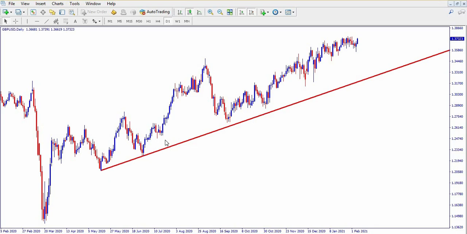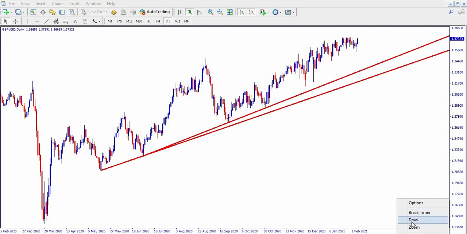So the market has been on an uptrend for quite some time. There is more than one trend on a chart. For instance, I can decide to connect these two here. Let me highlight that. This is my point 1 and this is my point 2.